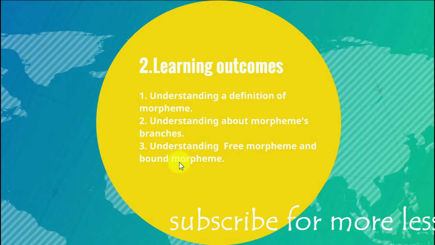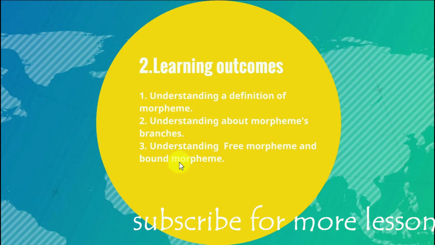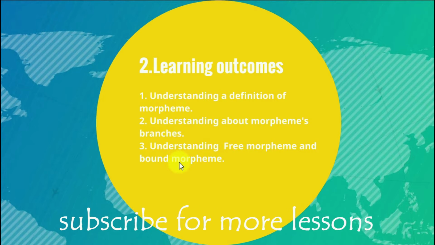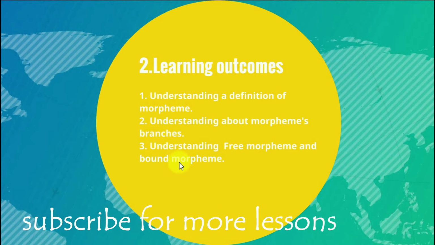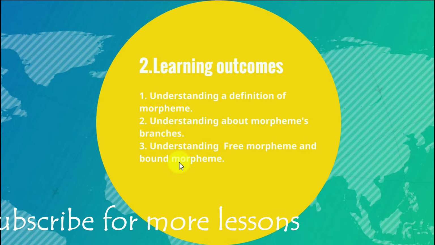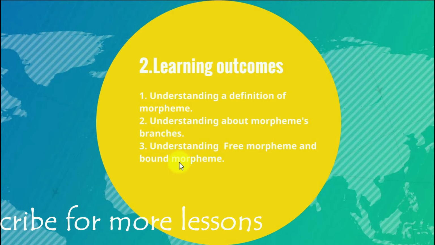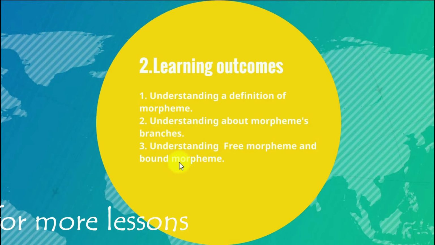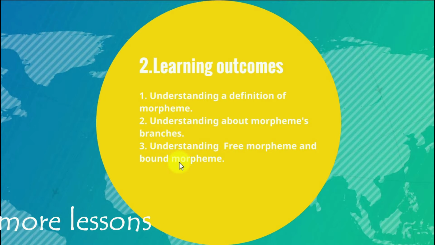Number two, understanding the morpheme's branches, so we can understand how many branches a morpheme has. That is the tactic for learning about the morpheme. And number three, understanding the free morpheme and the bound morpheme. So what is the difference between a free morpheme and a bound morpheme? It is all in this video.